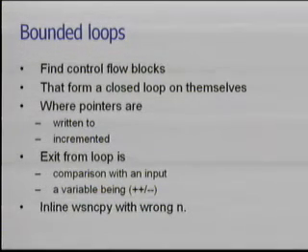So they put too many on there, and basically you can write twice as much to the output buffer as you intended. So the way that you look for this is you find the closed loop, the jump back to the top, you look for pointers that are being written to and incremented. You see that there's a comparison with the input, and there's a variable, whether it's a register or on the stack or whatever it is, that's being incremented or decremented by a certain amount each time you go through the loop.